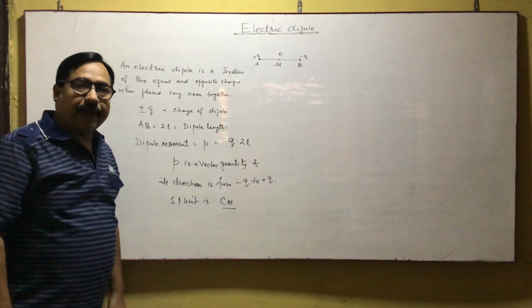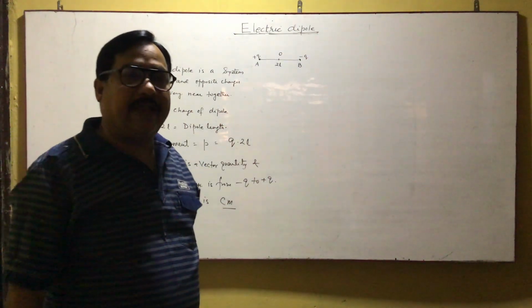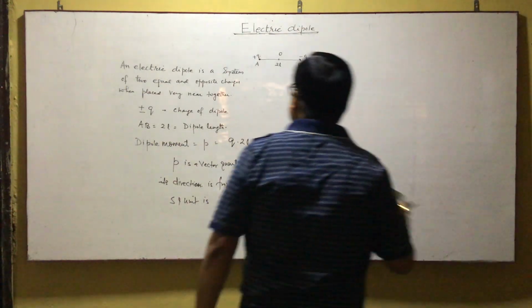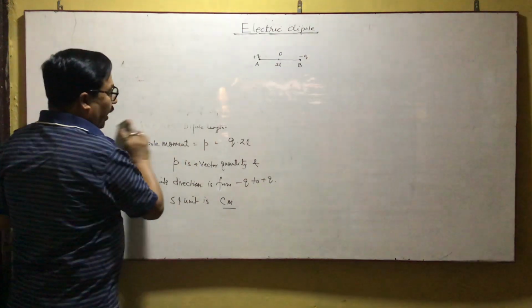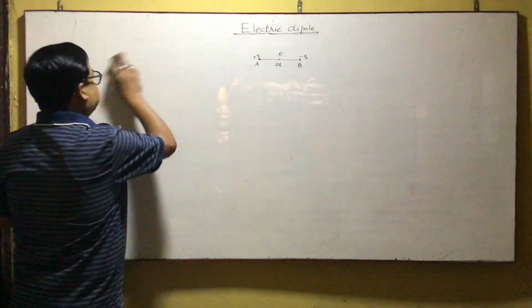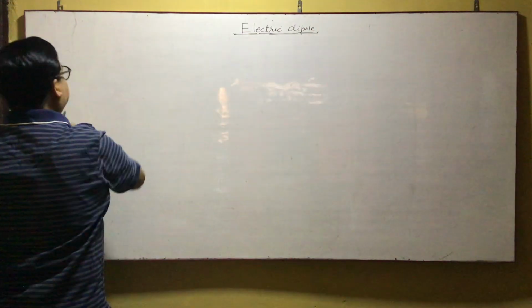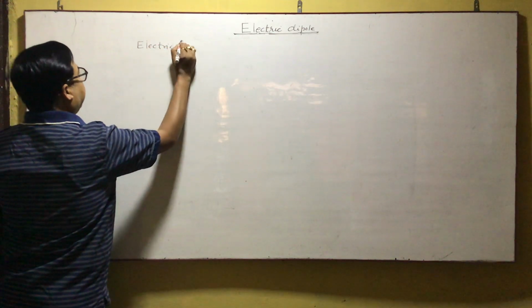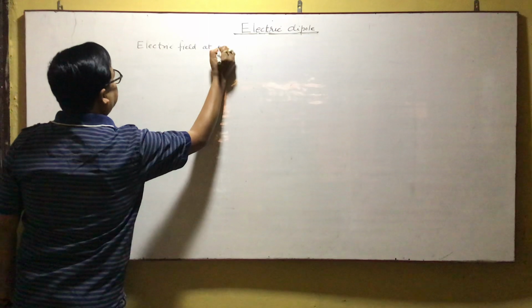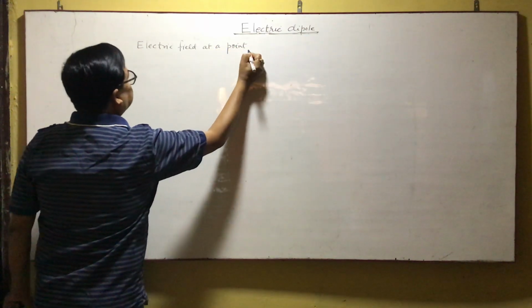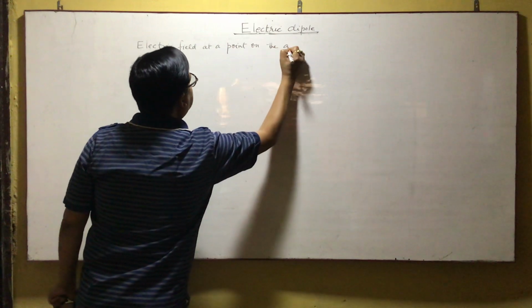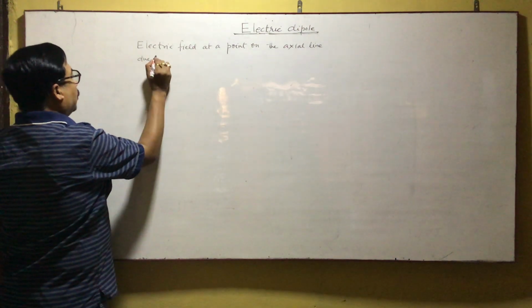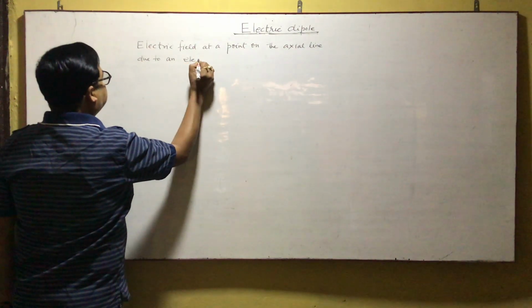So for this electric dipole, we have to find out the field at two specific positions. The first one is electric field at a point on the axial line due to an electric dipole.